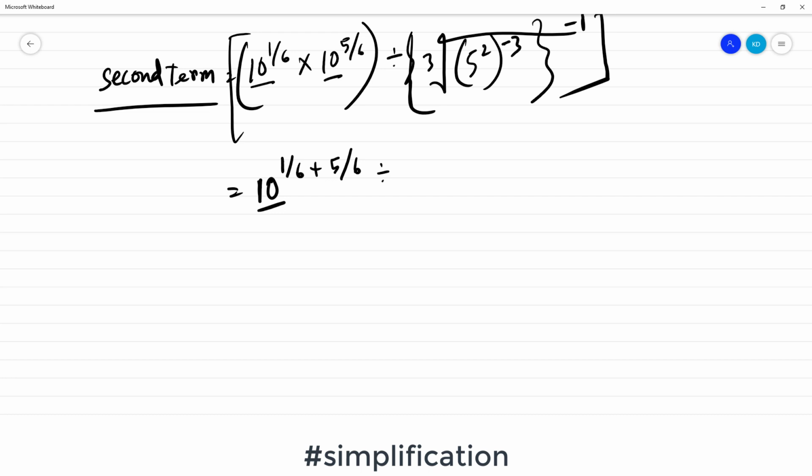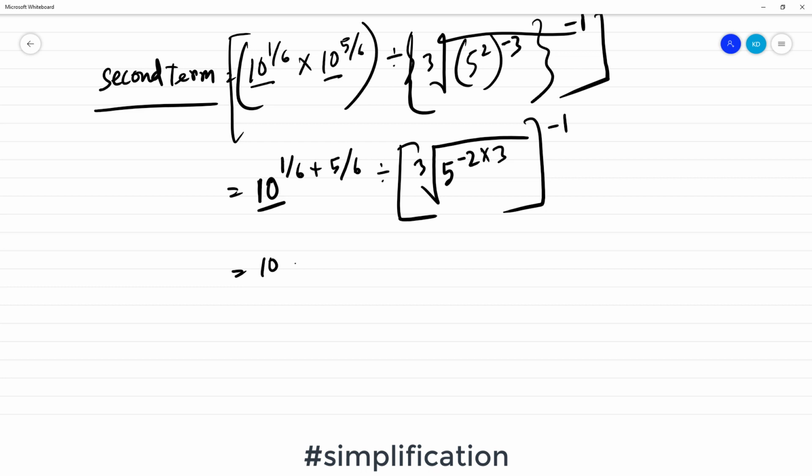So now there's a box bracket, cube root 5 to the power minus 2 into 3, minus 1. So now the next line, okay, first bracket open, 5 to the power minus 6 or 1 to the power, sorry, 1 by 3, this is also power, and minus 1.